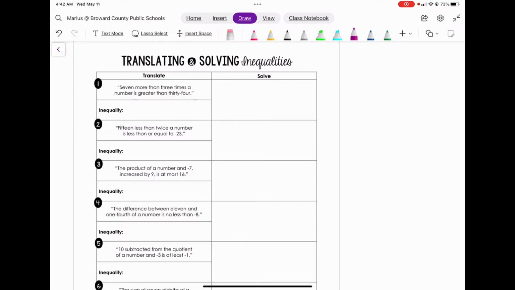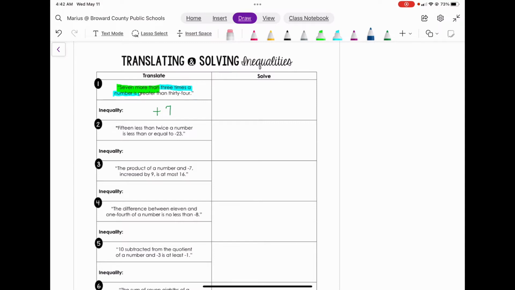So for this first one, it says 7 more than. When you read that first part, 7 more than, that's going to be translated as plus 7. That's the first thing. Now, the next part says 3 times a number. So 3 times a number is 3 times a variable.